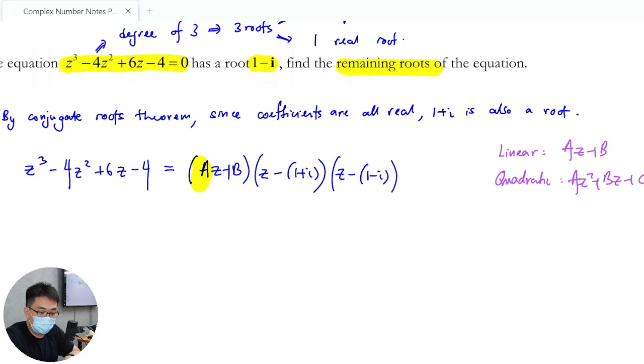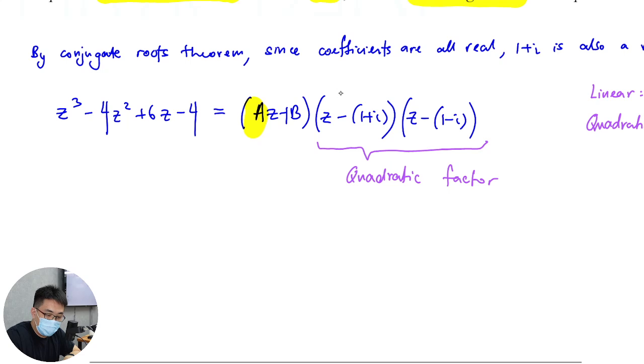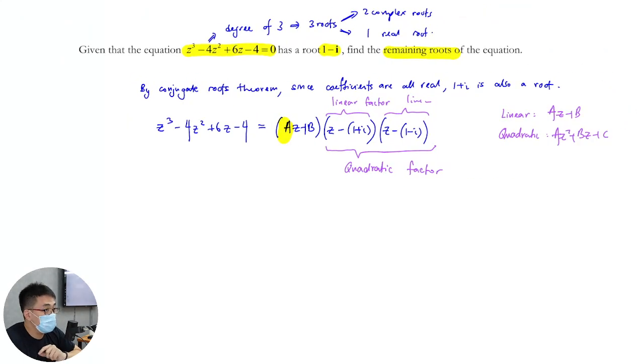Okay? So this is what we call a quadratic factor. This is a linear factor. If you multiply 2 linear factors, you get the quadratic factor. Okay?